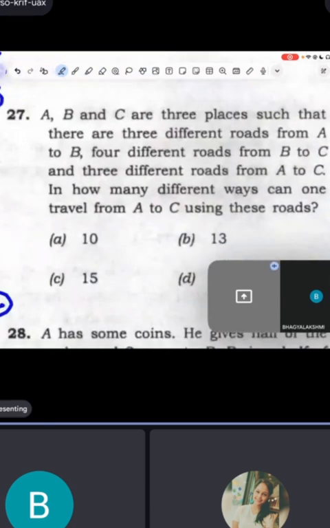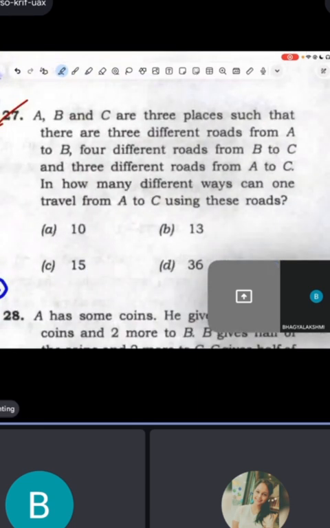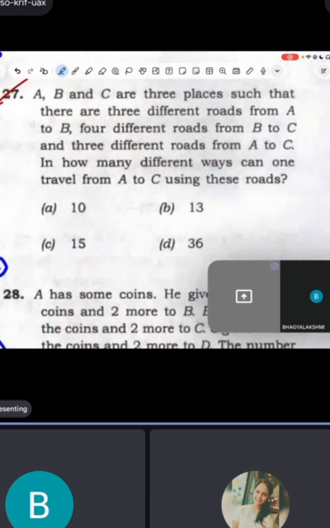Read this question, Bhagya. A, B, C are three places such that there are three different roads from A to B, four different roads from B to C, and three different roads from A to C. In how many different ways can you travel from A to C using these roads? Guys, this question is asking nothing but the digits one.